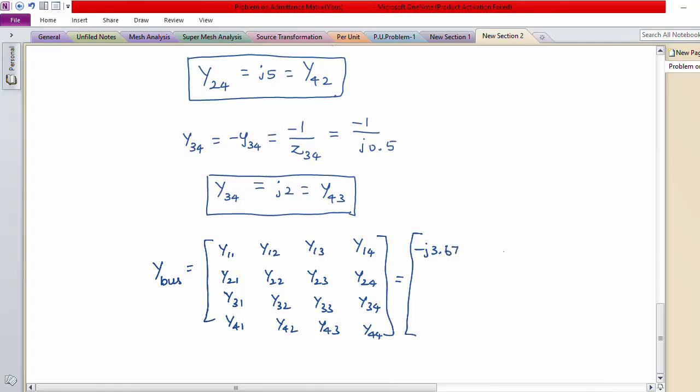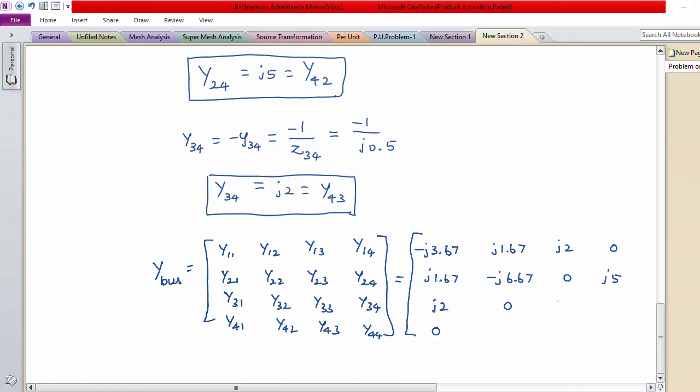First row: j3.67, j1.67, j2, 0, that is Y11, Y12, Y13, Y14. Similarly, second row: Y21 is j1.67, Y22 is j6.67, Y23 is 0, Y24 is j5.